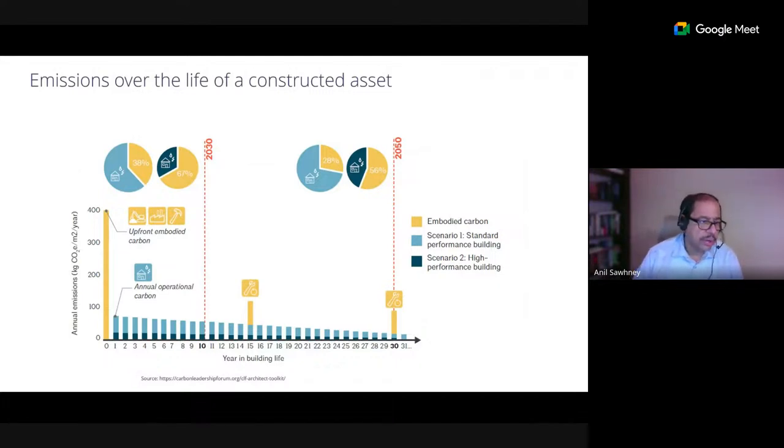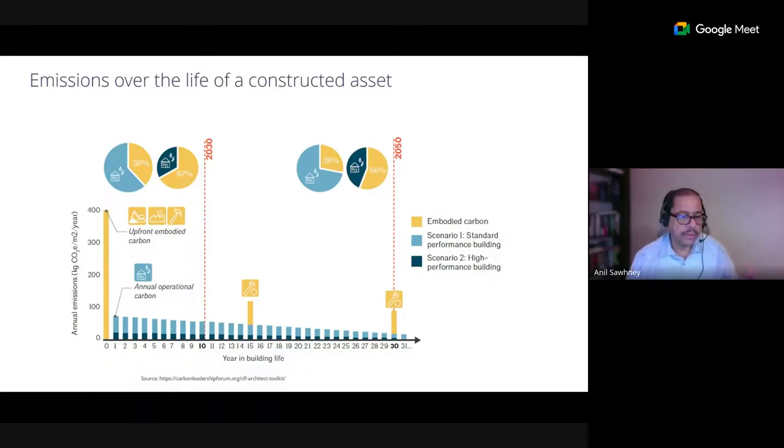Okay, so about 400 kilograms carbon dioxide equivalent per meter square per year. Okay, so annual emissions. But in year zero, you have 400 kilograms of carbon dioxide equivalent per square meter. Then you have your operational carbon, which you can see in light blue and dark blue bars for 30 years.